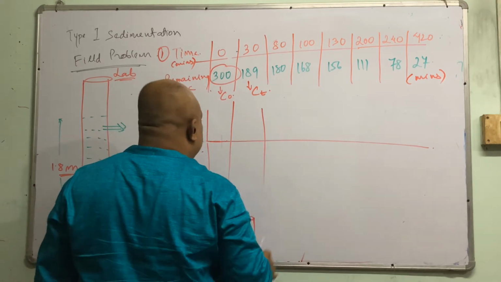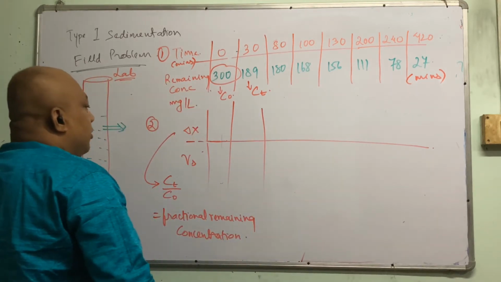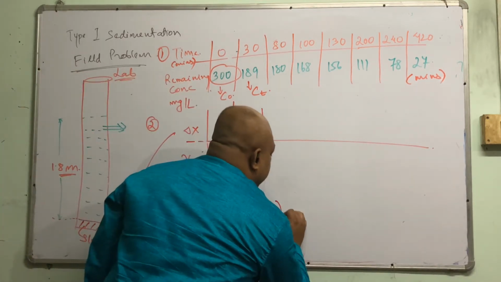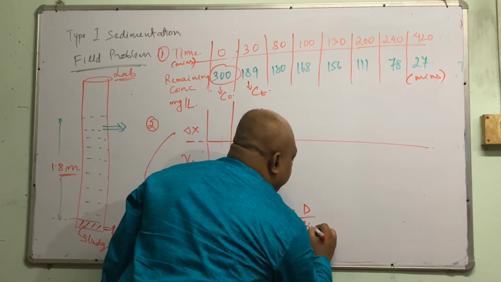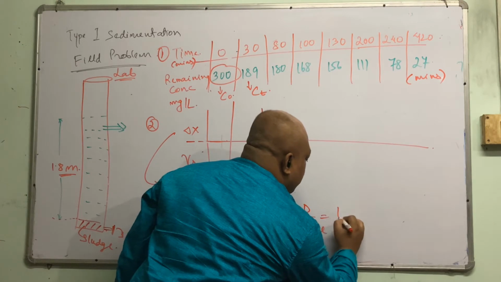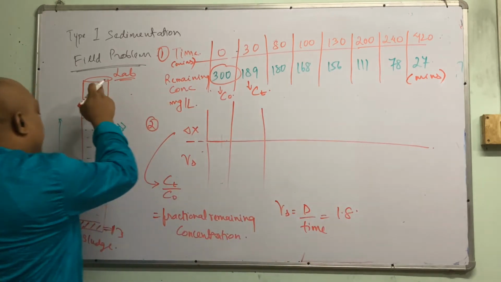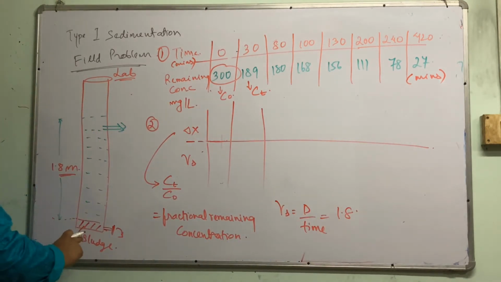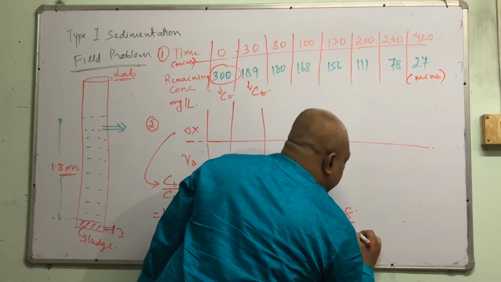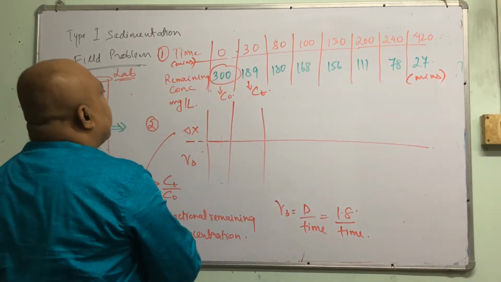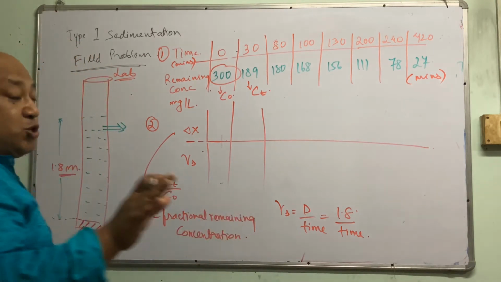Now for this part, again you may ask me, what is settling velocity? Settling velocity is equal to distance by time. Distance is the total depth we considered during the experiment, 1.8 meter. So 1.8 meter divided by the time taken is your settling velocity. Here we are not going to estimate by Stokes law.